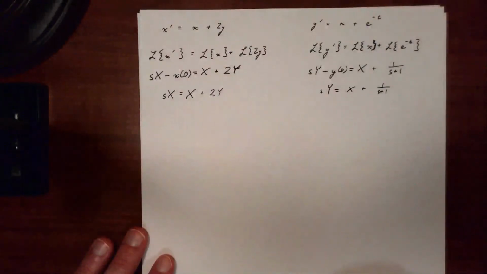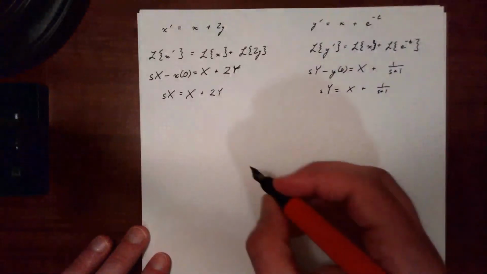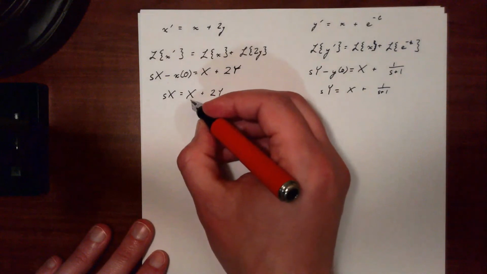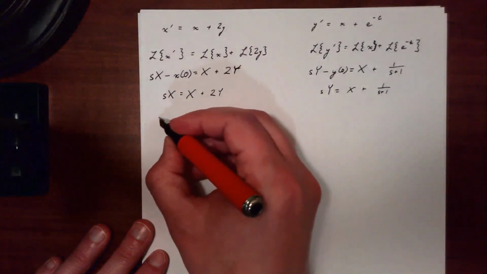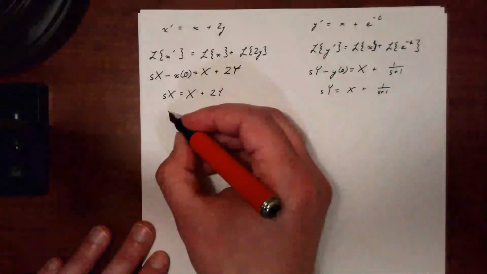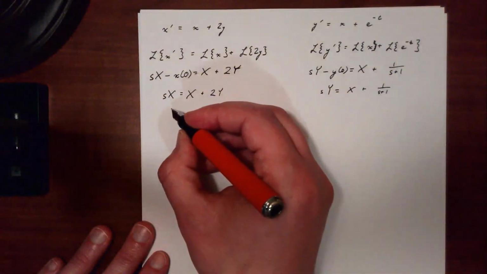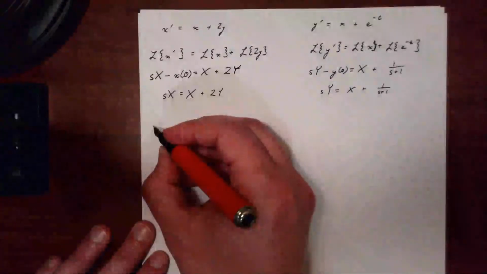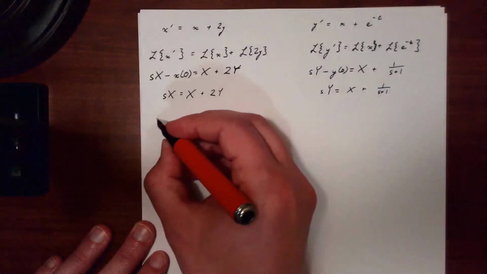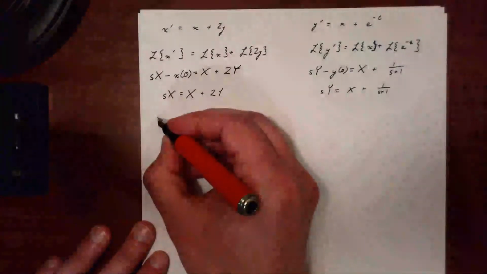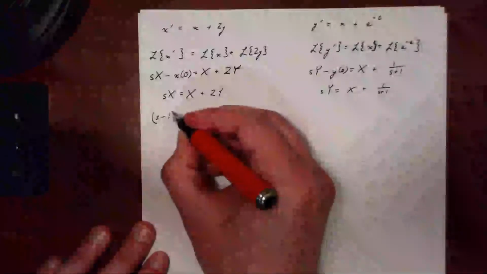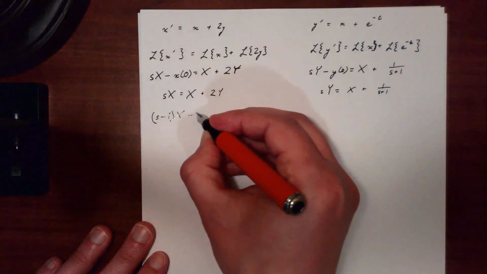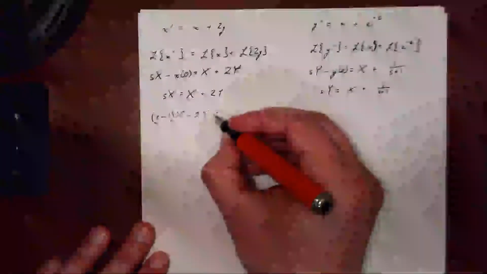And so if I want to make this fit a little bit better into the framework of Cramer's rule, I need to collect all my variables on the same side. And in particular, I'm going to move them over to the left here. So what I have then is s minus 1 times X minus 2Y equals 0.